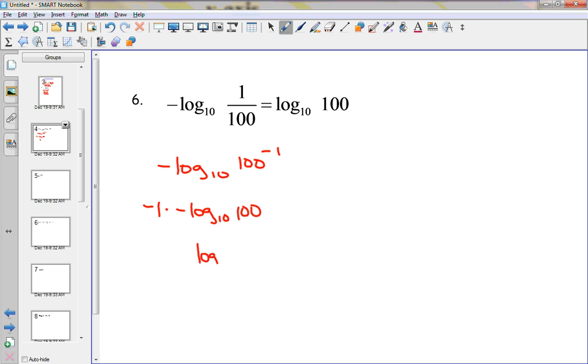To give you log base 10 of 100. Is that what it was up here that I needed it to equal? Yes. So now that I know that they're both equal, I don't have to do anything else. All I want to do is verify that the left-hand side equals the right-hand side. Once I get them to be the same, I'm done. We understand that? Same concept.